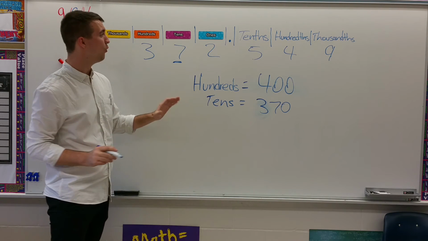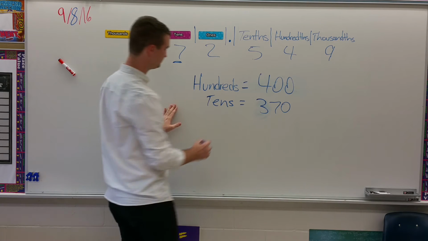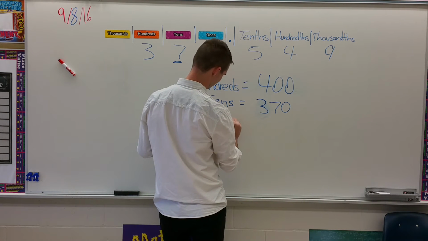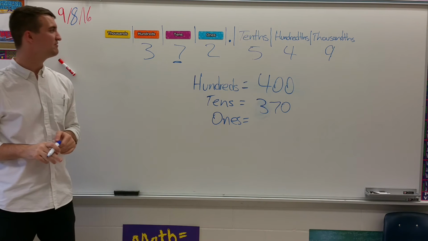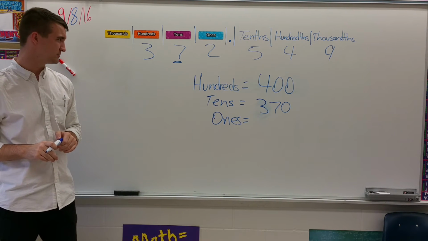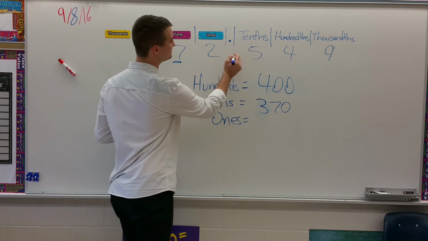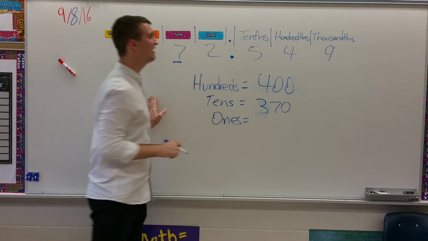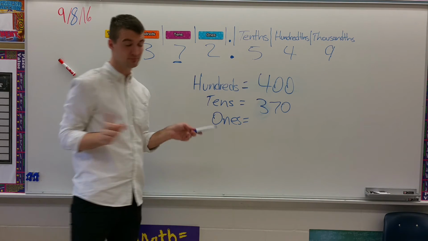Okay? So we've done our hundreds, we've done our tens. We're going to move on to our ones. So I've got a 2 in my ones place, 372. And then after the decimal point, I have the numbers 5, 4, and 9. I only want to focus on the one immediately after my 2, after my decimal point.